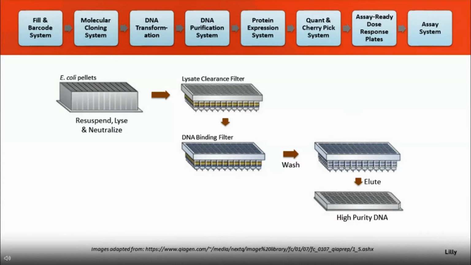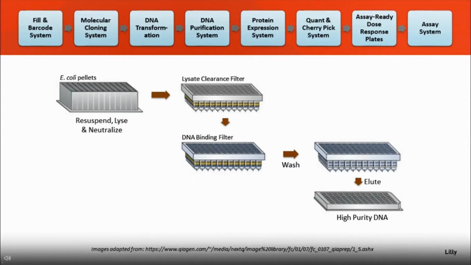Then we transfer that material into a lysate clearance filter plate, and samples go through that to clean up the garbage in those samples, that snotty, viscous material. It gets eluted into a DNA binding filter plate. You pull samples through that filter plate, DNA binds to the membrane, you do a couple rounds of washing, and then elution to purify the plasmid.